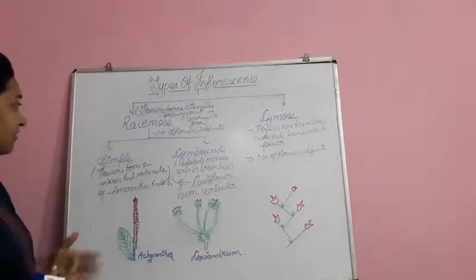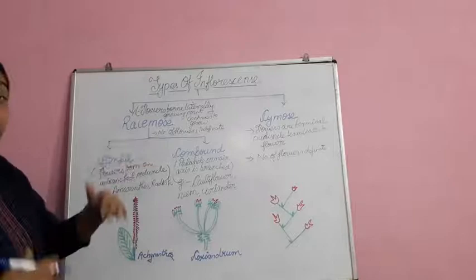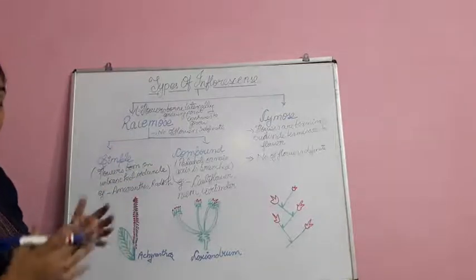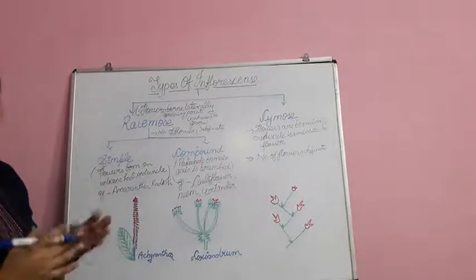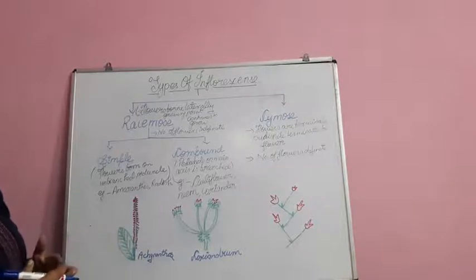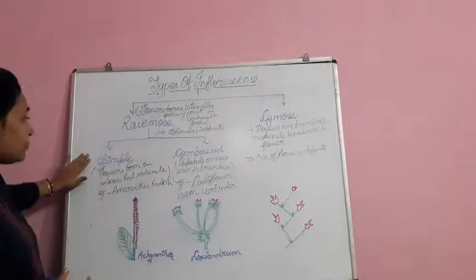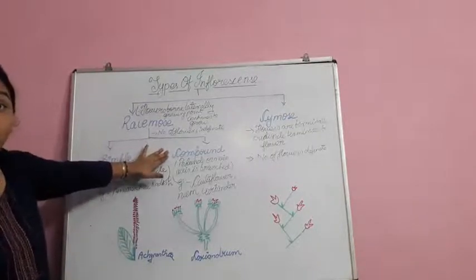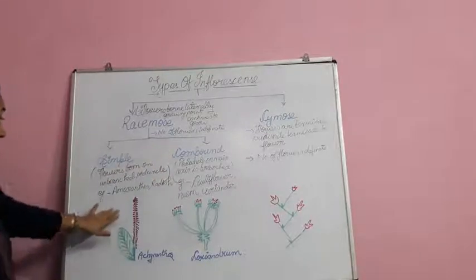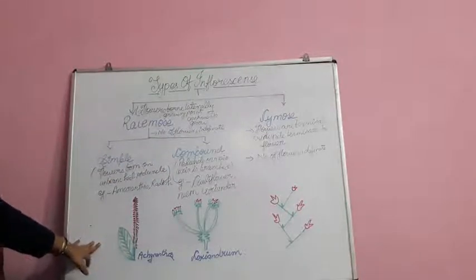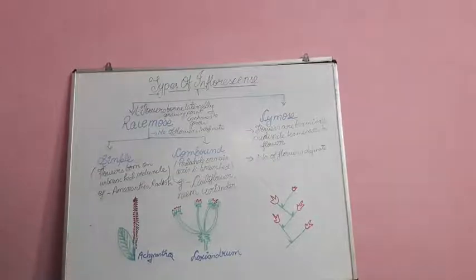Now let us see further. Racemose, on the basis of its division, on the basis of its floral sections, has been categorized into two different parts: one is the simple racemose and the other is the compound racemose. In simple racemose, the flowers are born on an unbranched peduncle.